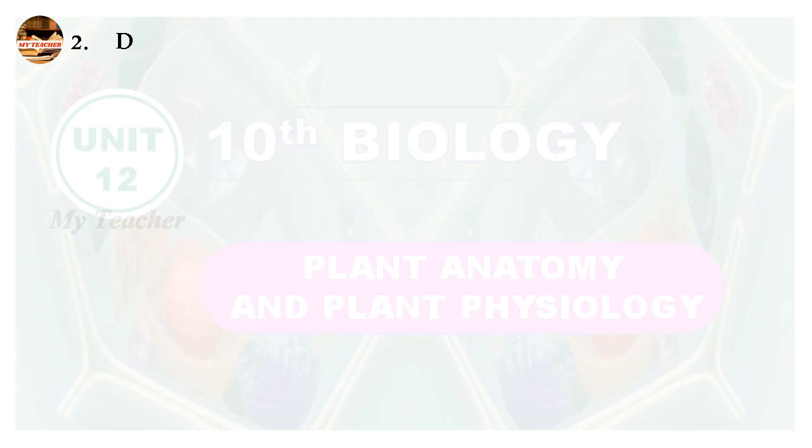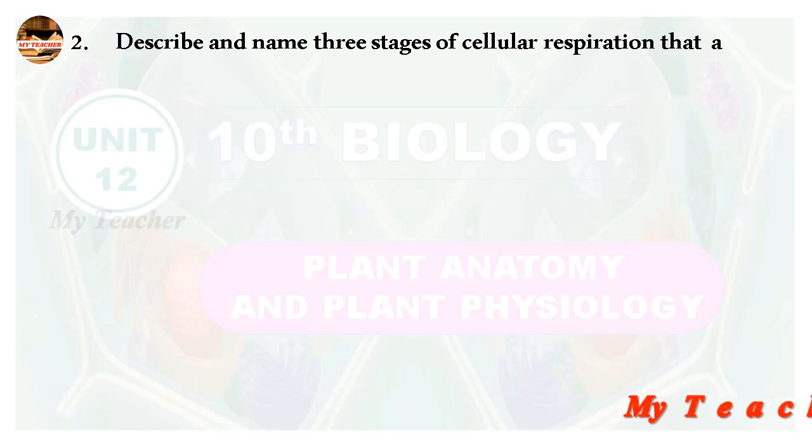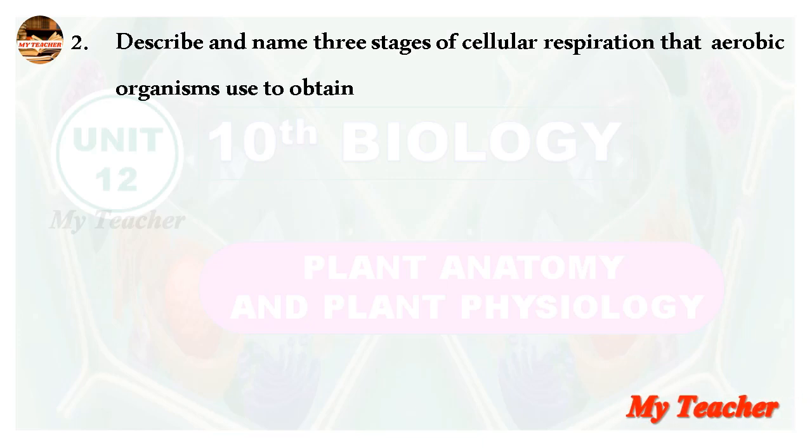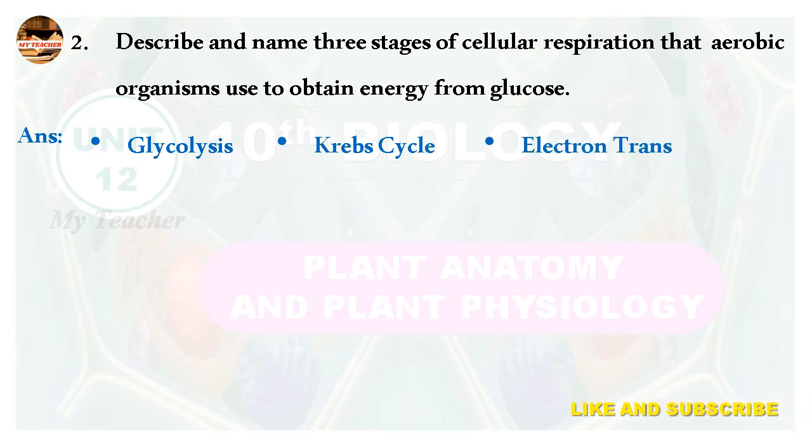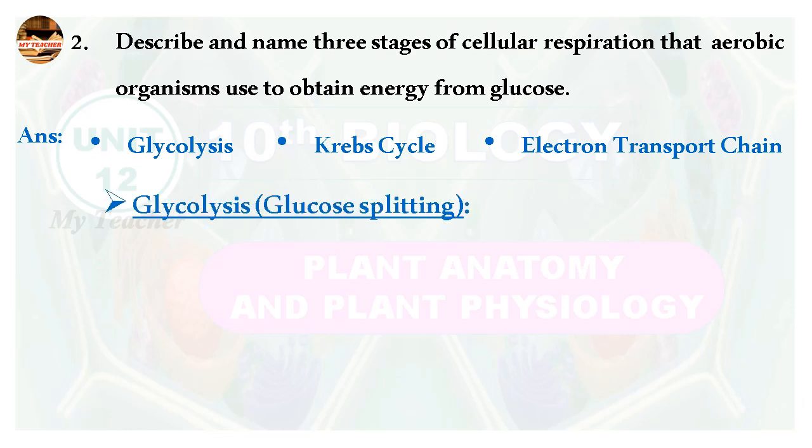Second question is, describe and name 3 stages of cellular respiration that aerobic organisms use to obtain energy from glucose. You know they are glycolysis, Krebs cycle and electron transport chain. Let us see glycolysis. It is glucose splitting.